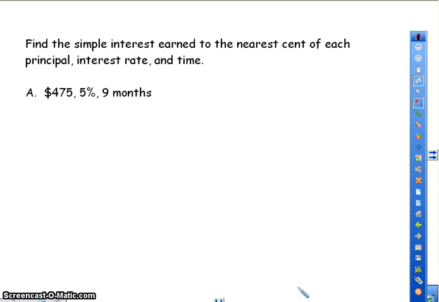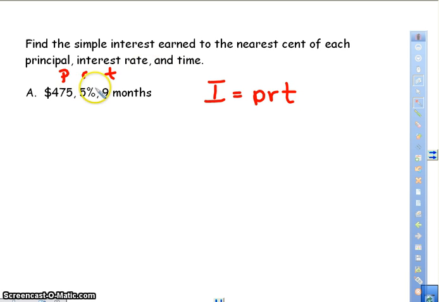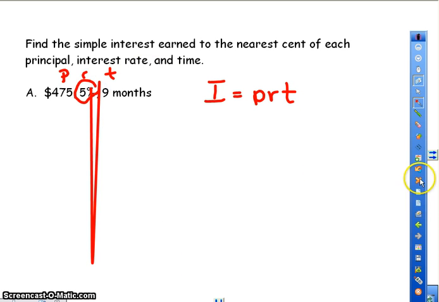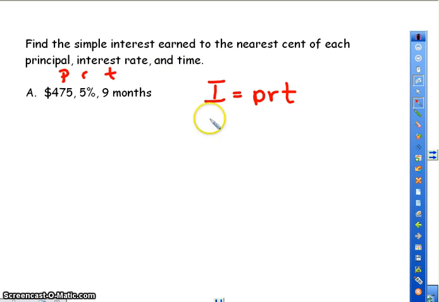All right, now we're going to find the simple interest earned to the nearest cent for each principal, interest rate, and time. So here's my principal, rate, and time. You look in your notes, you know that the interest equals principal times rate times time. Okay, we know we have to change our rate to a decimal.